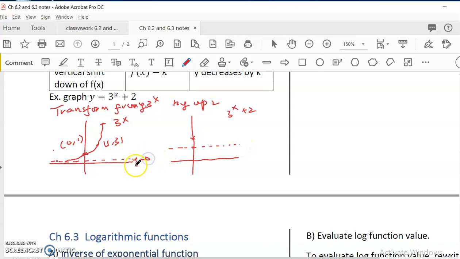The horizontal asymptote of the original was y equals 0, right? Now this horizontal asymptote is y equals 2. Everything is pushed up, including the horizontal asymptote. So this would be (0, 3), and (1, 3) used to be there, now you go up to become (1, 5). And you know the rough curve looks like that.